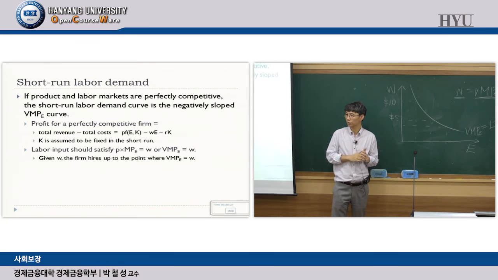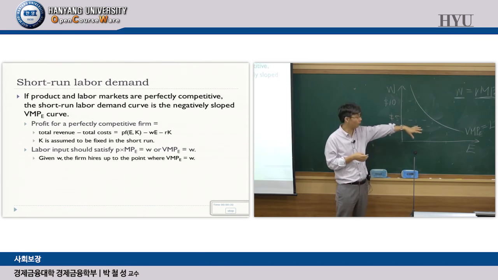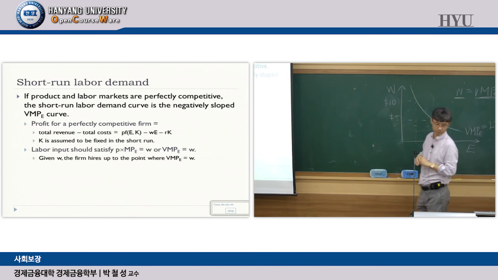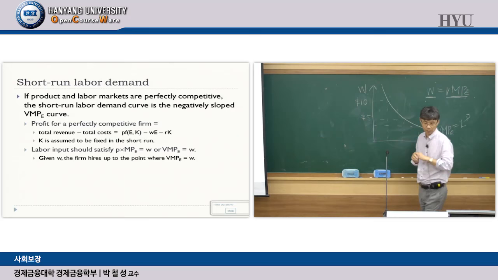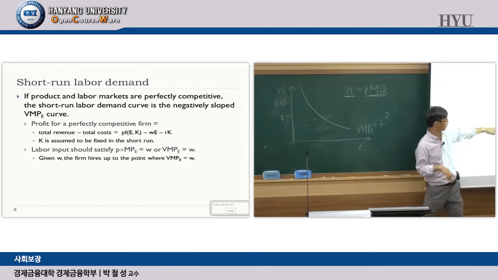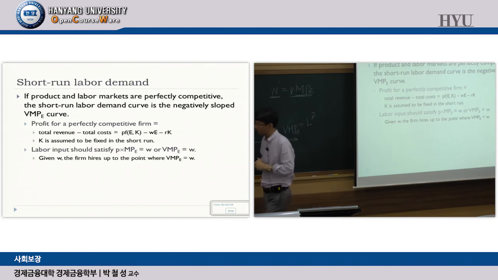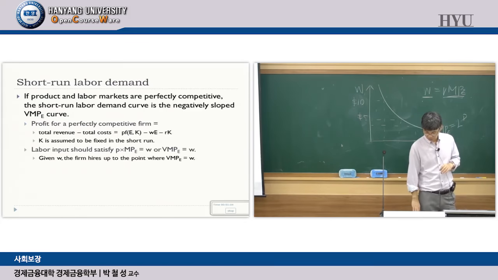Questions? Okay. So in this case, VMP is no different from the labor demand curve. So the labor demand curve is determined by the value of marginal product of labor. That's what this says. So given W, the firm hires up to the point where VMP equals W. This is the standard theory of short-term labor demand.